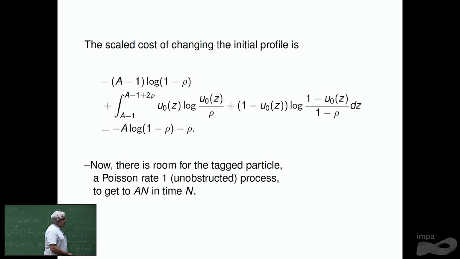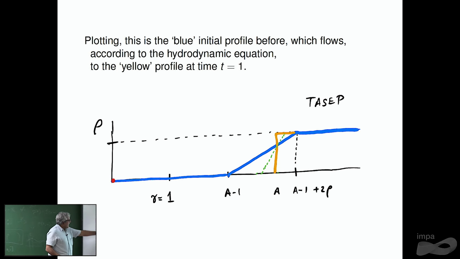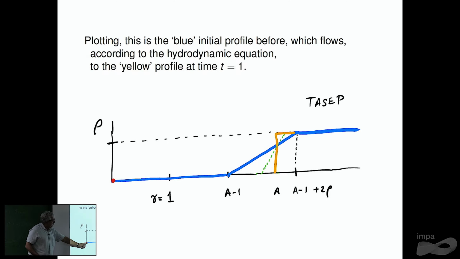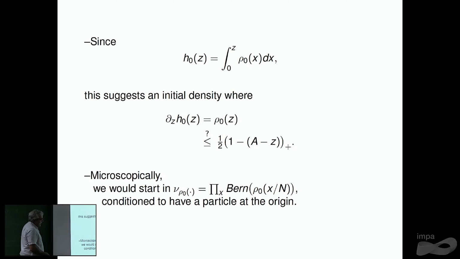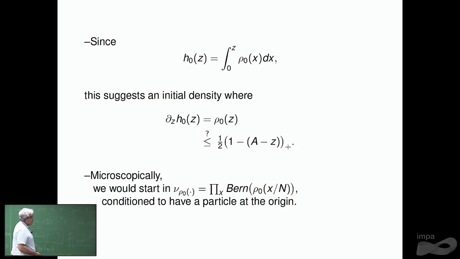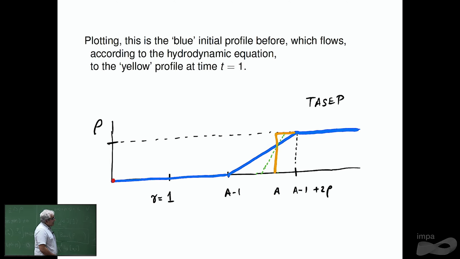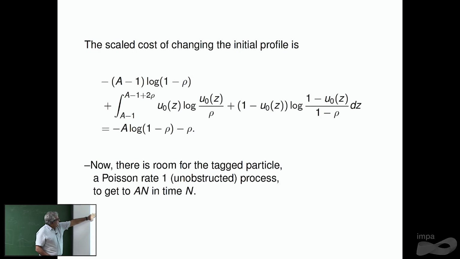And so there's a cost, right? You want to change from the dotted black line to the blue line. So it's a cost of changing Bernoulli product measure where the density parameter is the same to this one. That's a calculation, and if you scale it, you get this answer.